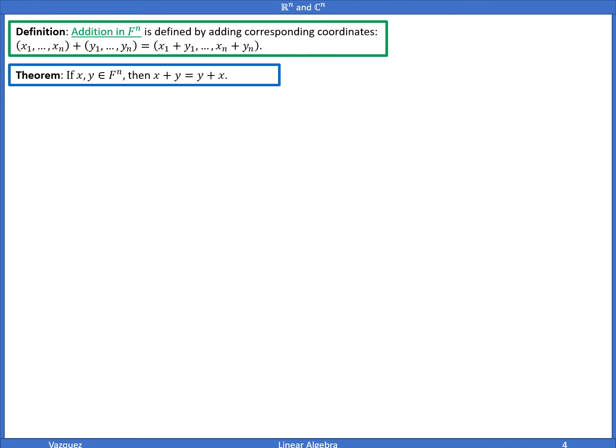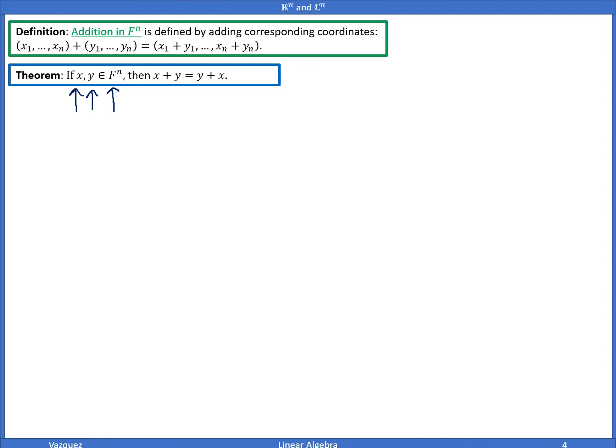So I have a neat theorem. It's quite simple, it's straightforward. If x and y are elements of Fn, then x plus y is equal to y plus x. Here, before I go on, x and y don't necessarily just represent numbers, right? Because they're elements of Fn. And Fn is what?